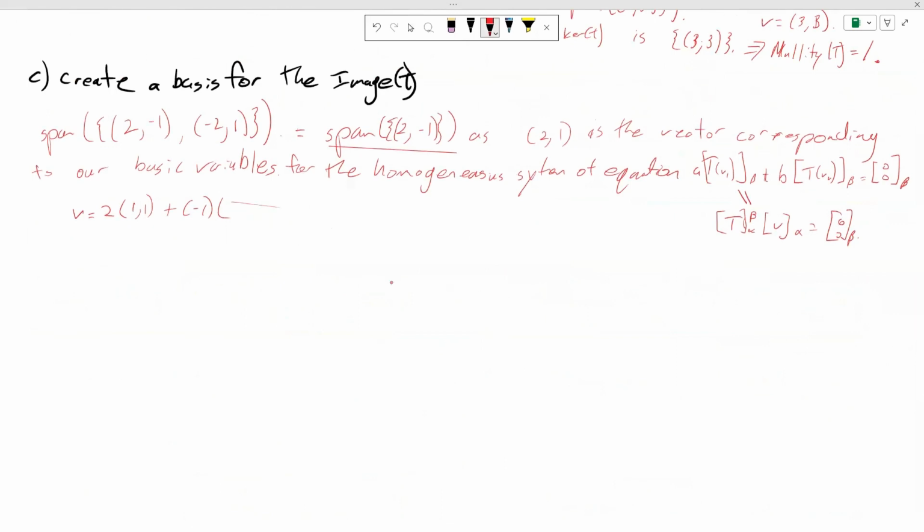This equals (2, 2) minus (1, 2), which equals (1, 0). So the image of T is going to equal the span of the vector (1, 0).